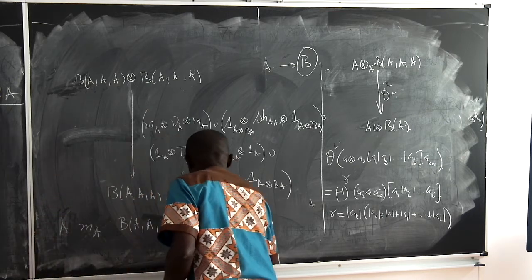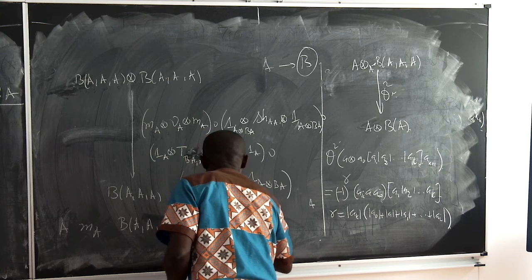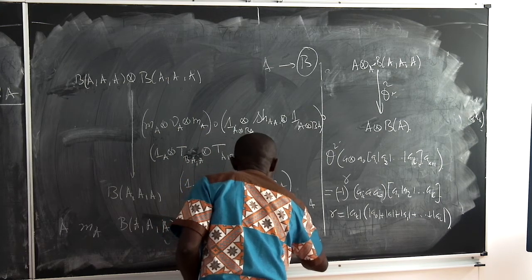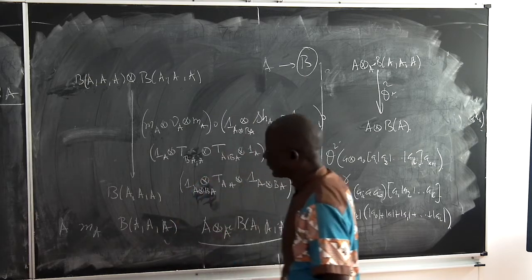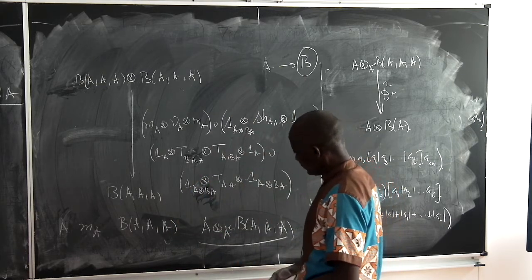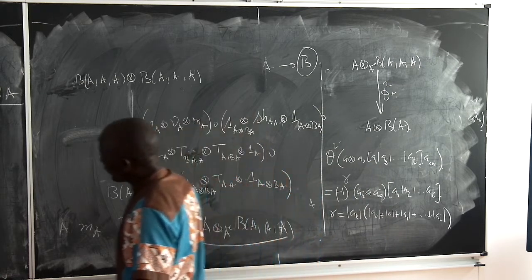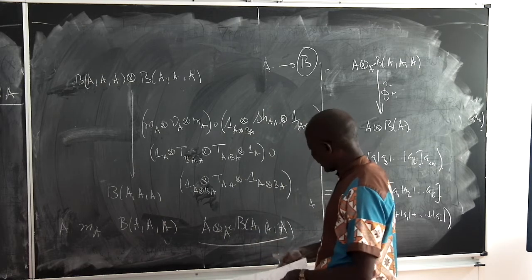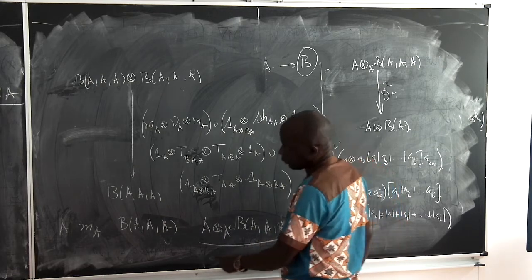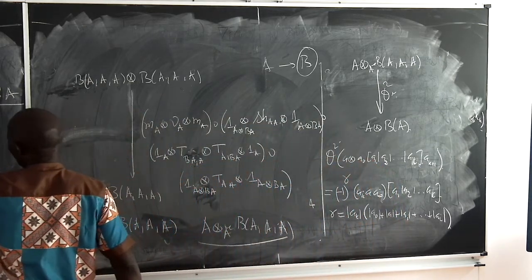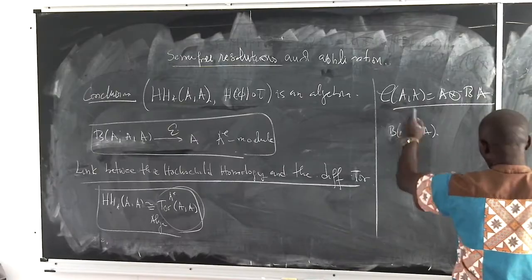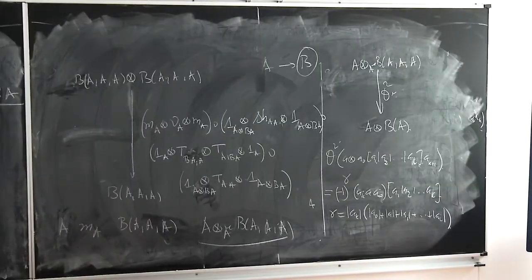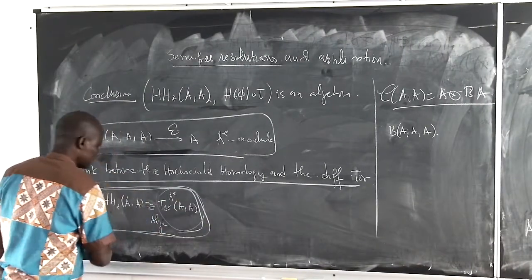So taking A, we have the structure of algebra here. So the isomorphism that I constructed here can be transferred to this one via the bijection that I constructed. That's why we have this as algebra.